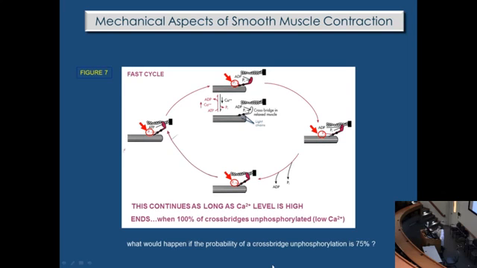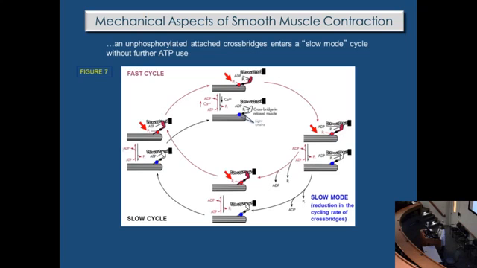And when this gets unphosphorylated, let's see what happens. For instance, if the probability of a cross bridge to get unphosphorylated is 75%, then the cell will go through this slow mode cycling that is illustrated here in black. The difference between these two cycles is that this one is a slow mode, meaning there is a reduction in the cycling rate of the cross bridging.